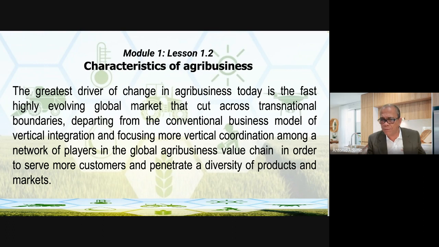So what does it mean? You have to have a well-defined benefit. In other words, it's serving the clientele's intended needs, or serving the needs of the customers. If it is not serving the needs of the customers, then it remains what? A technology, worthy of being shelved in the cabinet. So where is agribusiness there?